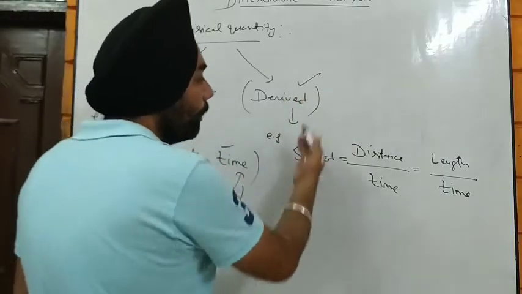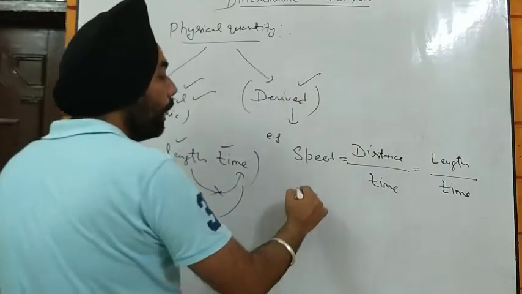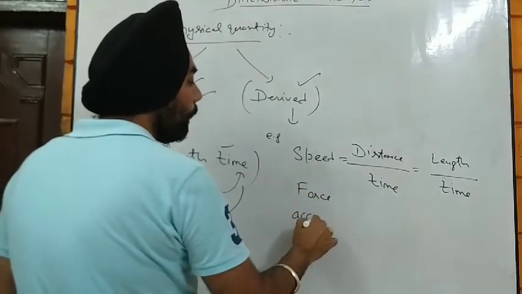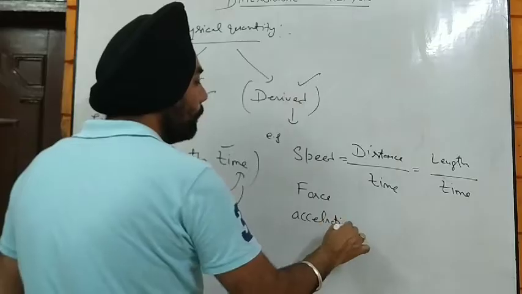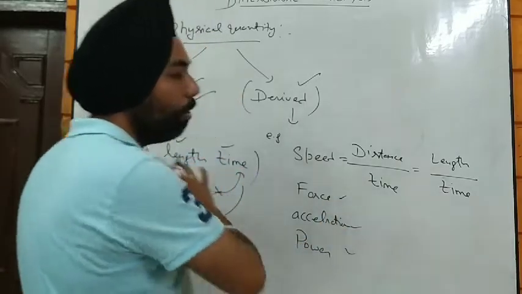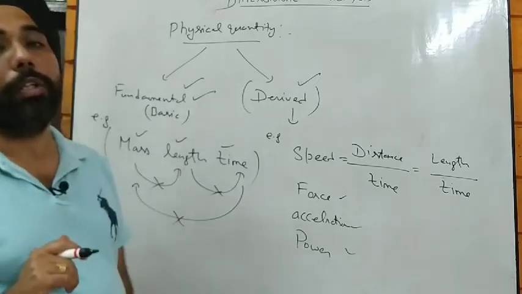So it's very easy. You have many examples of that. You can take force, you can take acceleration, you can take power. So many quantities. These all quantities are known as derived quantities.